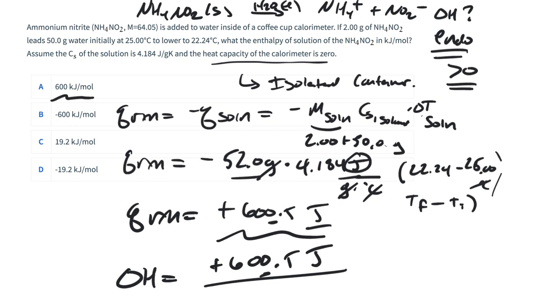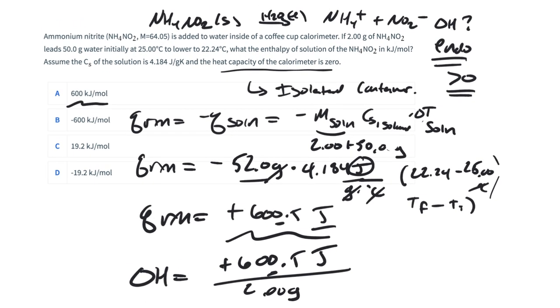So we're going to divide by 2.00 grams, and this step is almost always going to be whatever the limiting reactant was. If there were 2 things reacting together in our calorimeter, we would want to find out which of the 2 was the limiting reactant. The heat change is the heat formed per quantity of reaction actually taking place.